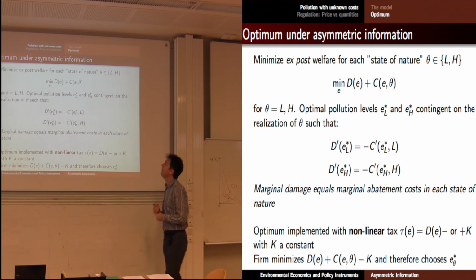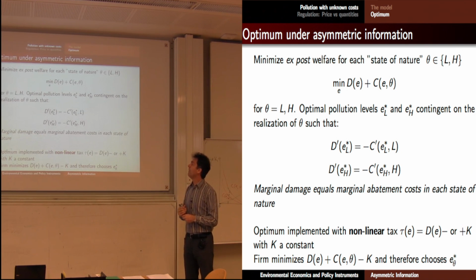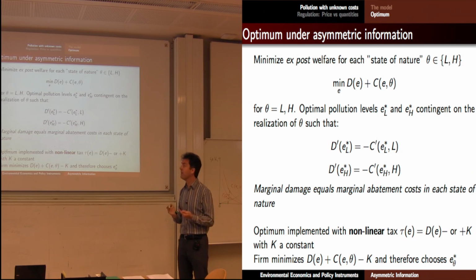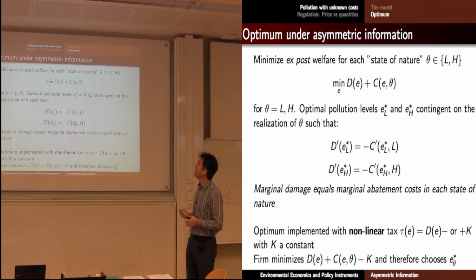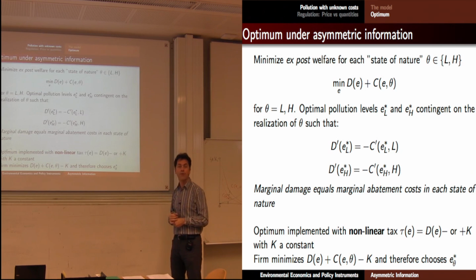So if the regulator knows theta, she will choose the level of emission that minimizes the social cost of emissions or abatement, which is the damage due to emission plus the cost of abating. For society, how much it costs to have a certain level of pollution.